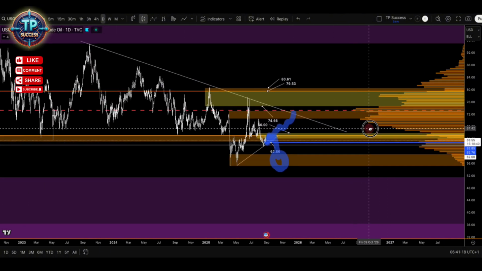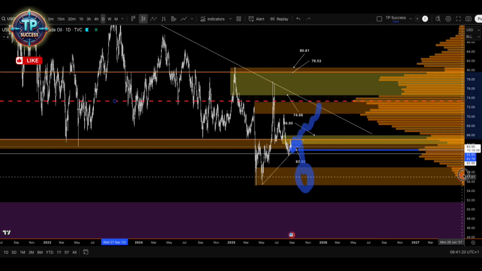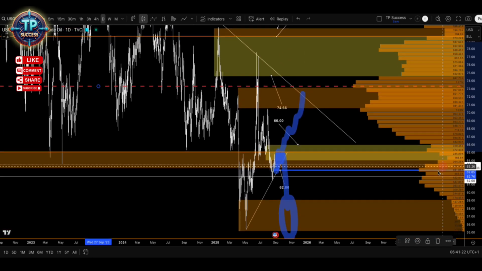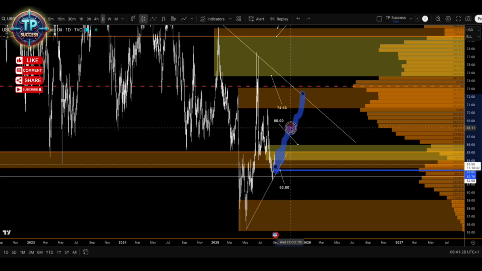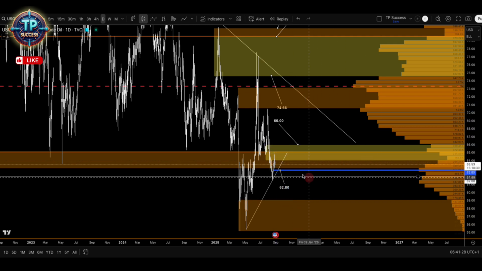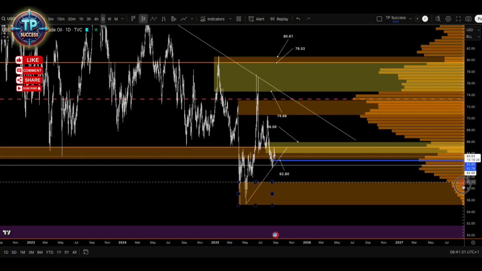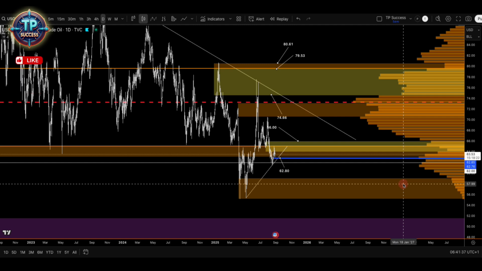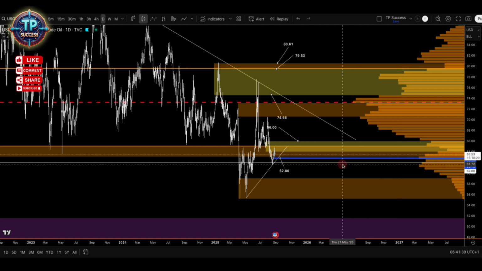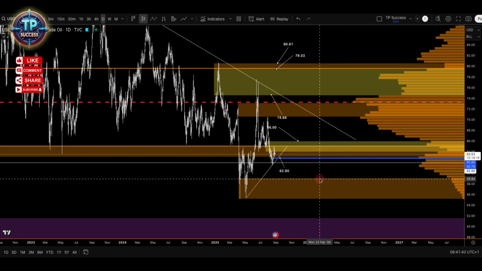for this week. Now, with that said, we need to bear in mind where price is currently at and what price could do moving forward. And we need to work off what is actually logical versus what is not logical. So we want to take orders only, especially if you're looking for buys, only above 66.00, right?